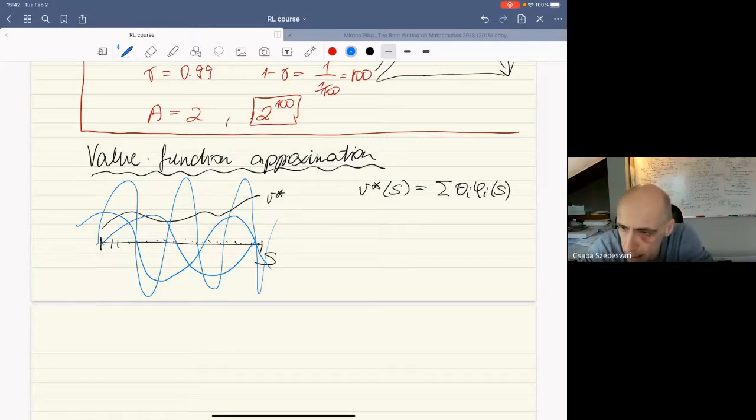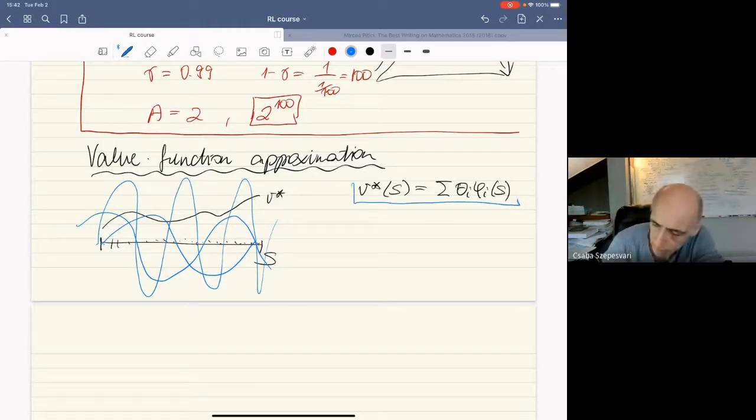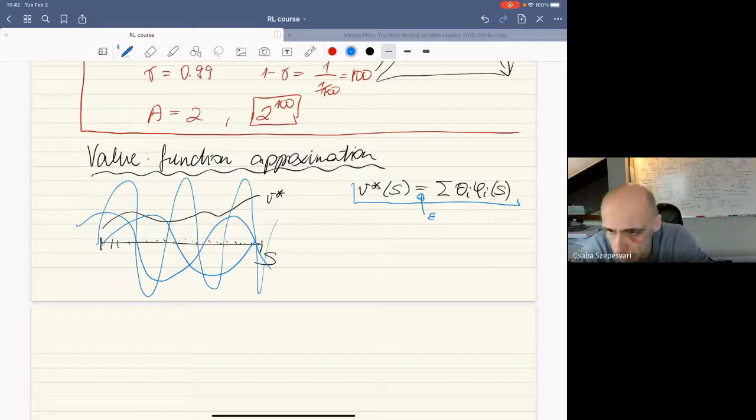You're hoping that you don't need too many of these basis functions to accurately represent the optimal value function. So maybe this is not quite equal. Maybe there is some little epsilon approximation error going on. But you hope that if that error is small enough, you would be able to calculate these coefficients.